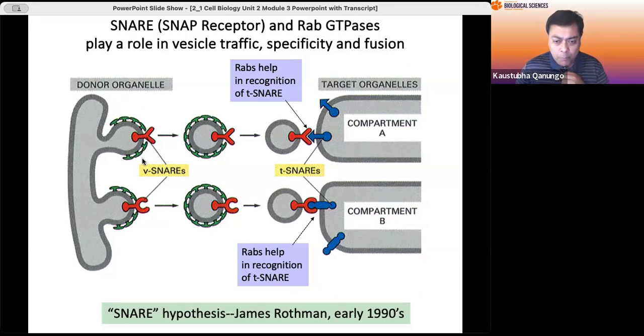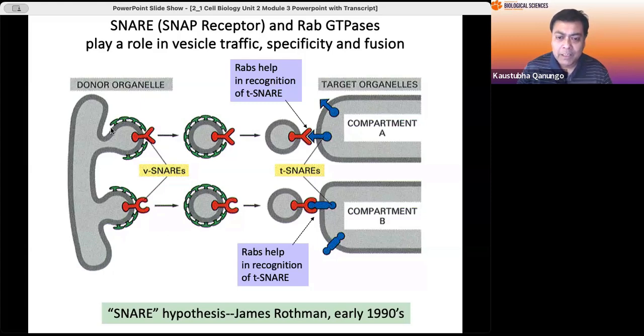The donor, from where the vesicles are formed, with COP1 or COP2 or clathrin, has a vesicle SNARE, the v-SNARE, that goes all the way to the target compartment, and the target has a t-SNARE, the target SNARE. These interact with each other and fuse the vesicles, which we're going to see. But these are the mechanical forces of fusion.